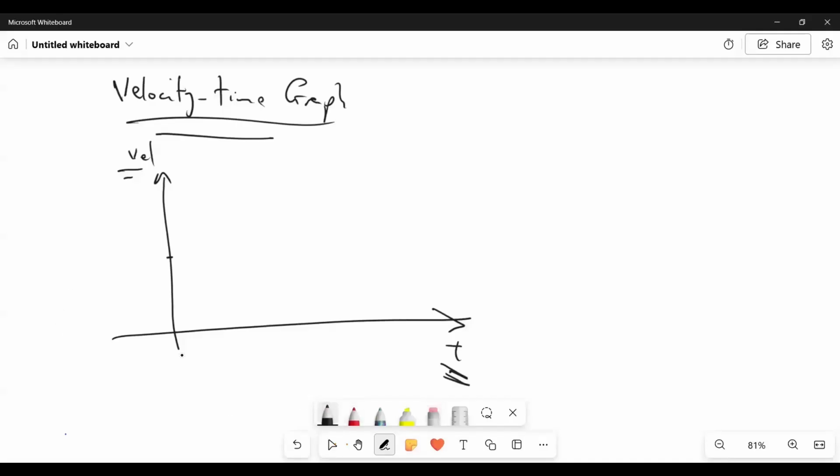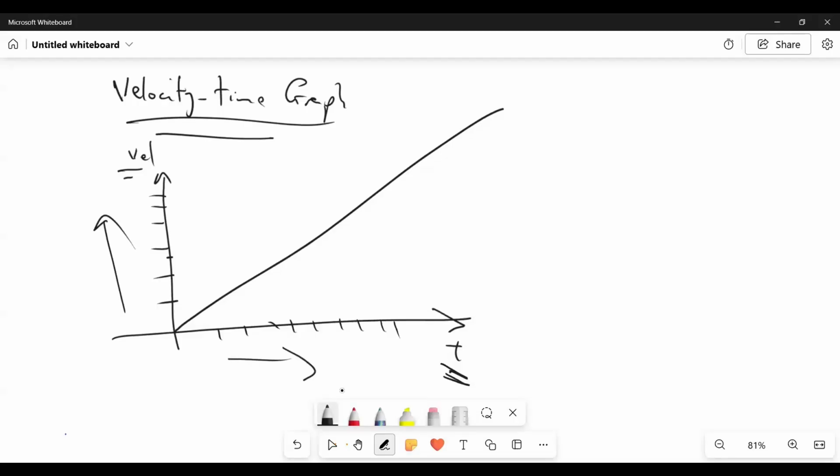So let's say you have a straight line. Now your velocity is changing from time to time. As time goes by, the velocity is increasing while time is increasing. That should tell you that yes, there is an acceleration. Now, how do we know that?